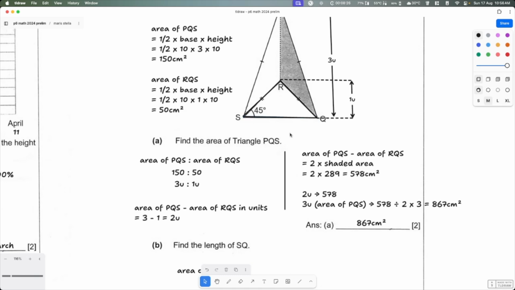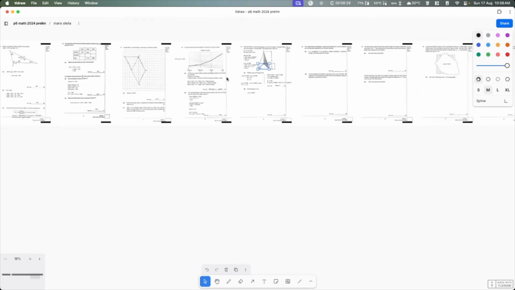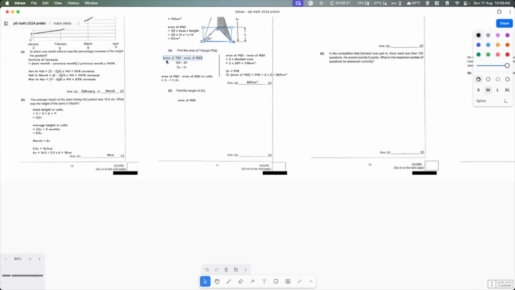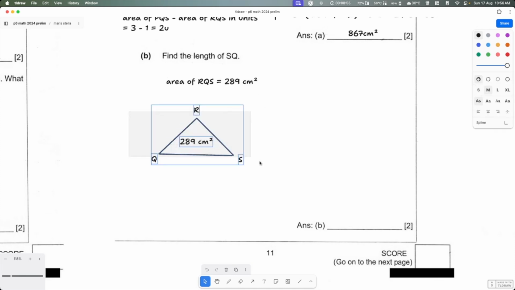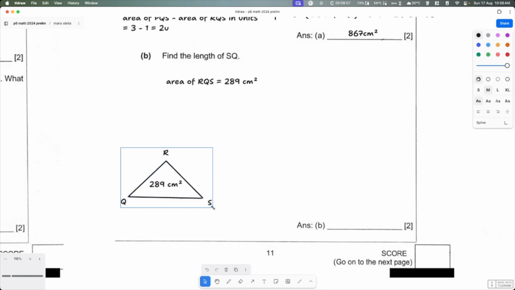Why is it zoomed out? We have RQS, R, Q, and S. So this is 1, 2, and 3. And we also know that the area of RQS is 289 centimeter square in this case. So this is 289. Let me make this a little bit smaller.